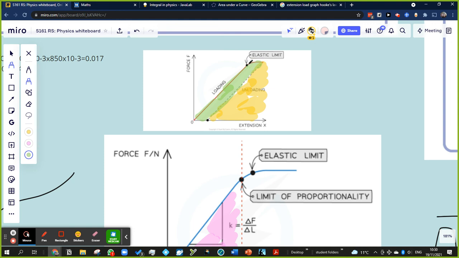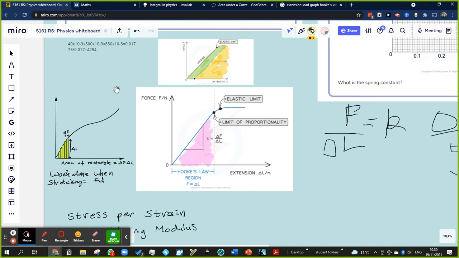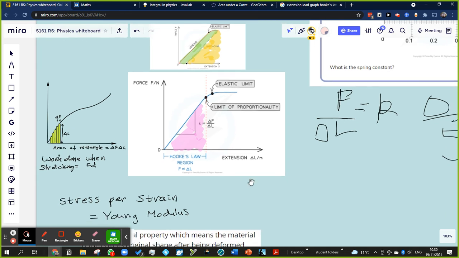Beyond this elastic limit, when the extension stops being elastic, we're not conserving energy, and we're expending some of it as heat. And so you can see this difference in energy here. So that's the area underneath a force extension graph.